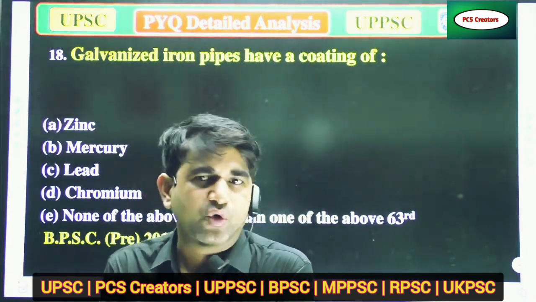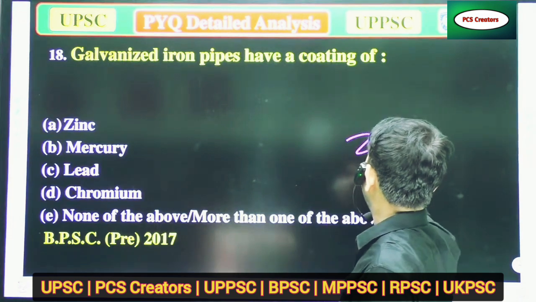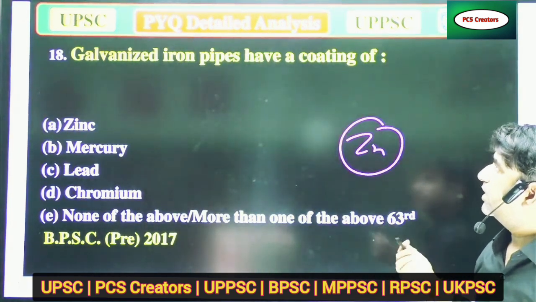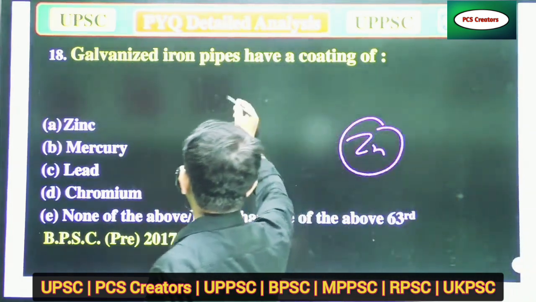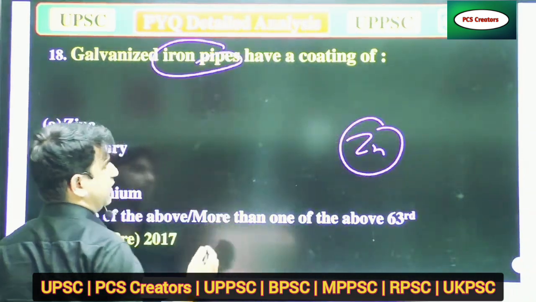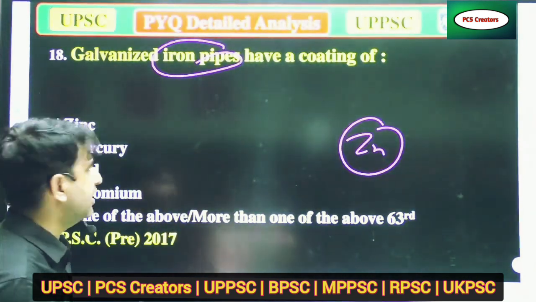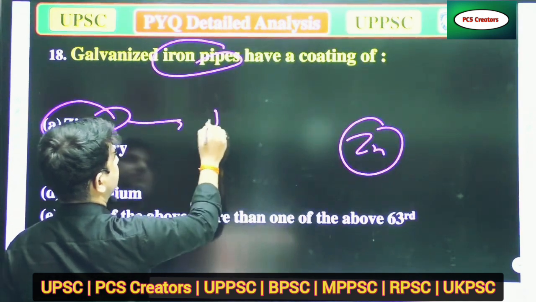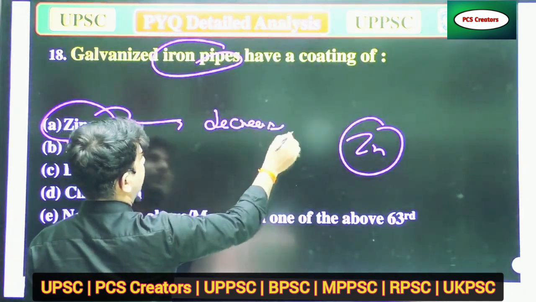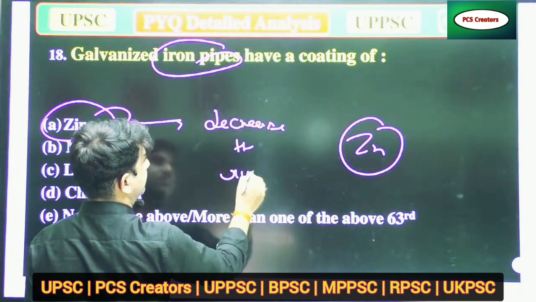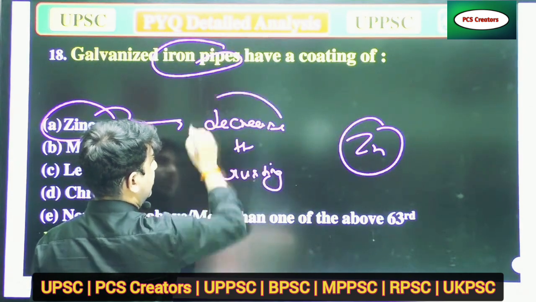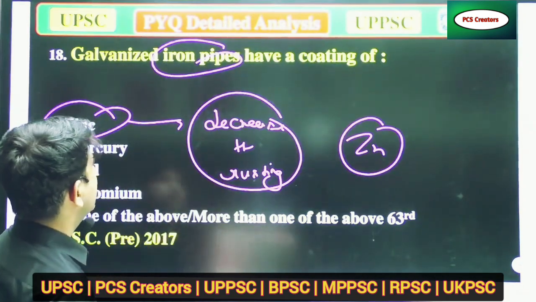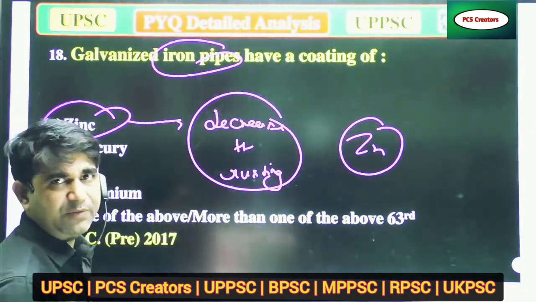When rusting also occurs in iron pipes, if we provide a coat, or you can say a layer of zinc over there, it will decrease the corrosion, or you can say rusting. So when the corrosion or rusting decreases, the shelf life of the pipe will be very good.